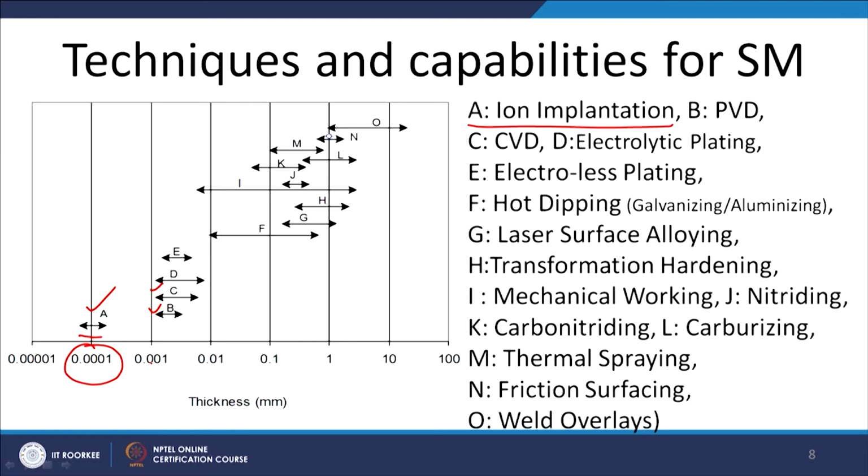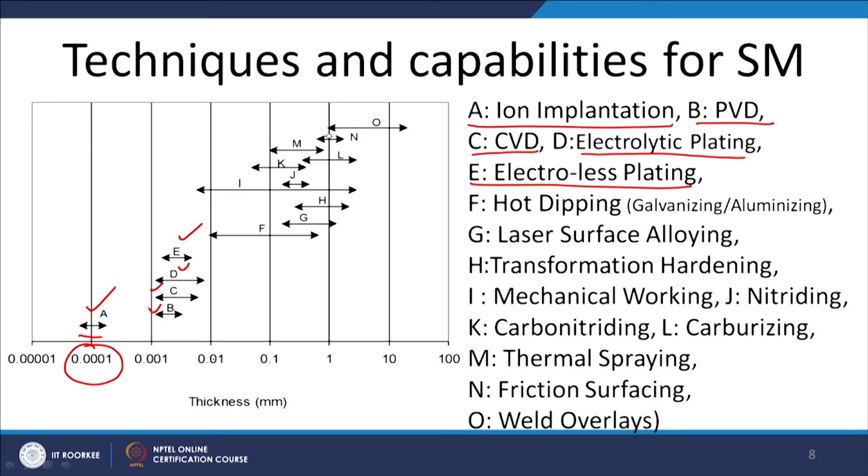This is the kind of depth which is modified in the processes like B, C, D and E, which are physical vapor deposition, chemical vapor deposition, electrolytic plating and electroless plating. These are the processes which offer thickness over a narrow range of less than 100 micrometer.